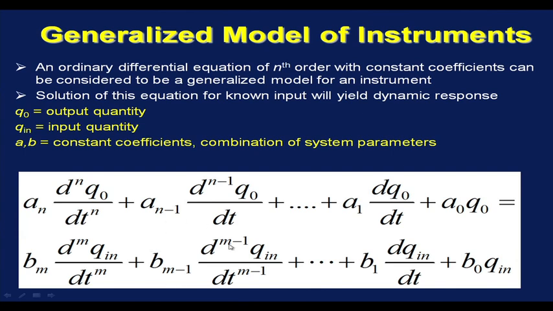So, if I solve this equation for known inputs, I can obtain Q0 or output. So, we can study the dynamic response of this instrument with the help of this model.